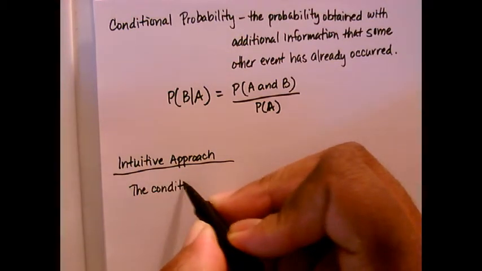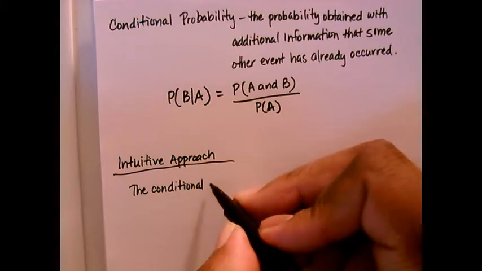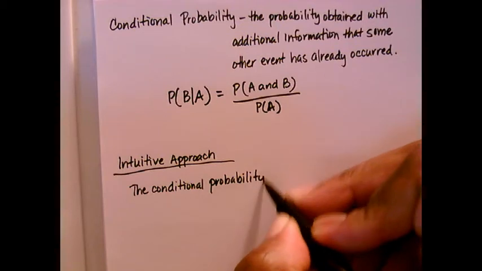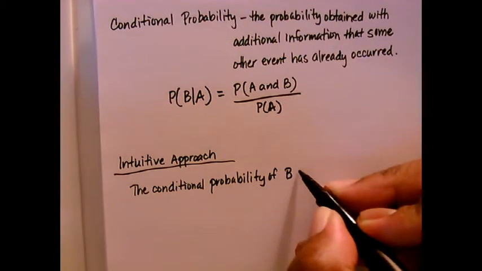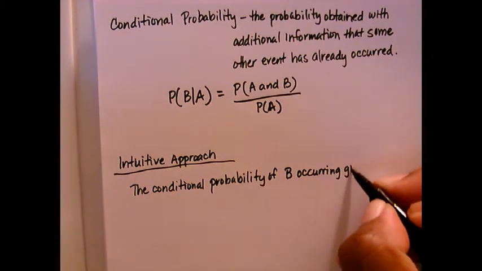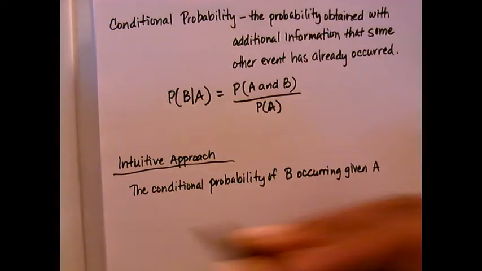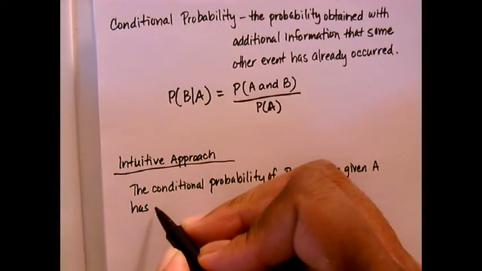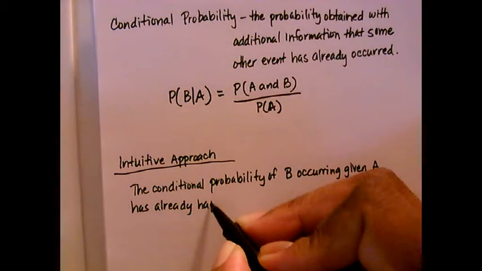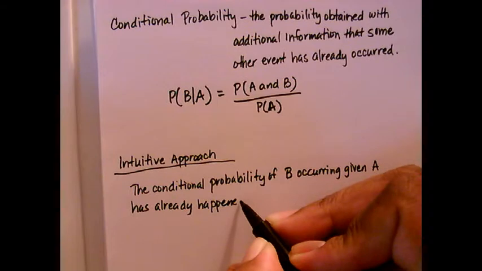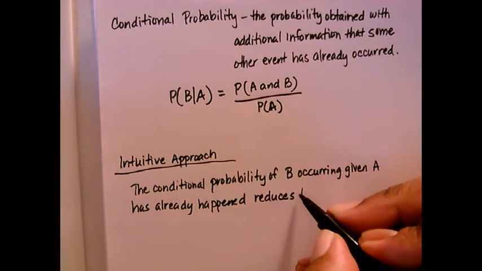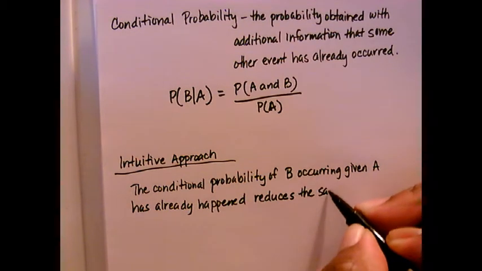The conditional probability of B occurring given A has already happened, what's going to happen is it's going to reduce the sample size.